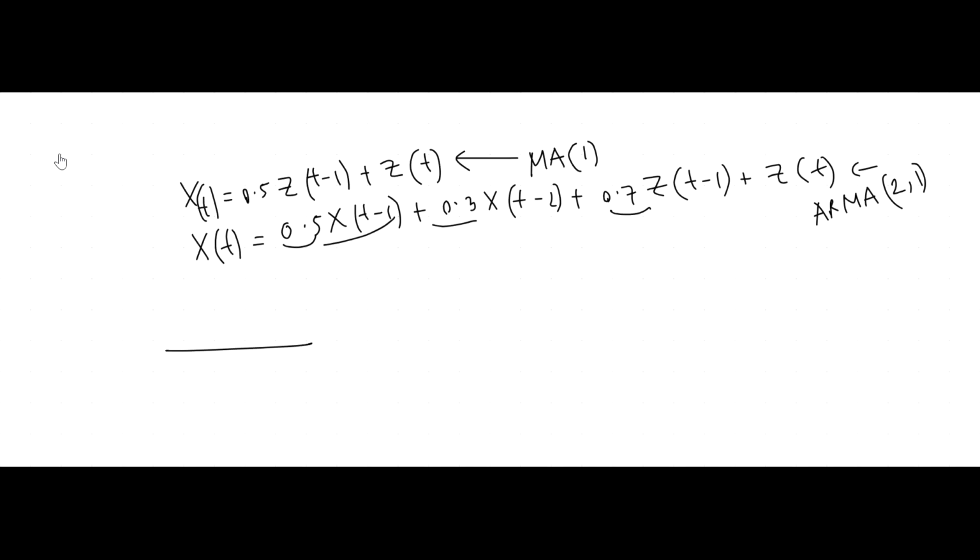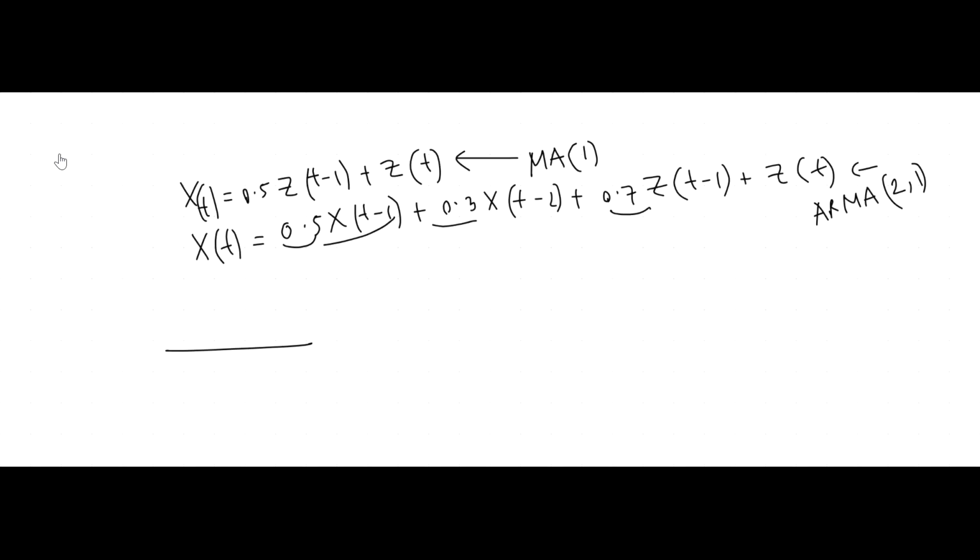Sometimes an AR model is good enough, again very rarely. Most of the time an ARMA model is good enough. However, that is not the case all the time. Sometimes it may happen that neither AR nor MA, neither ARMA, none of them work well for the data.